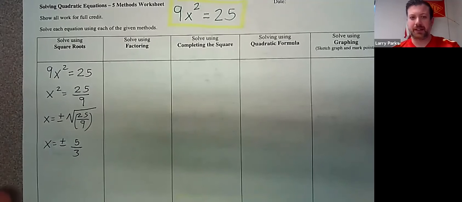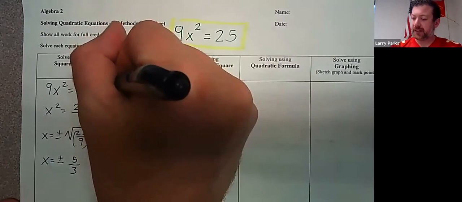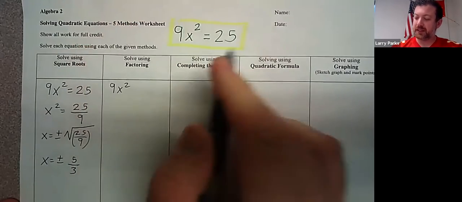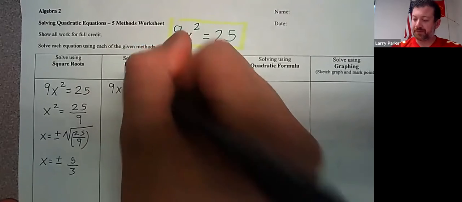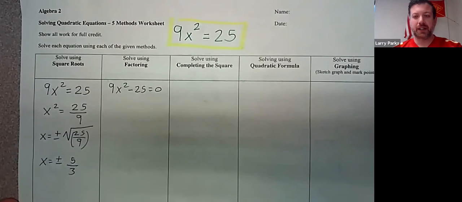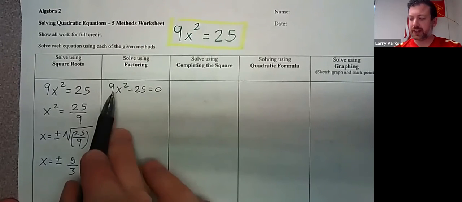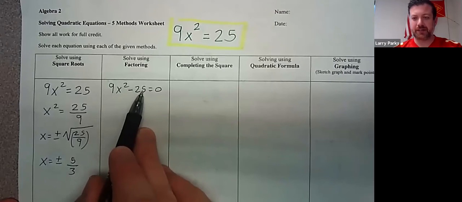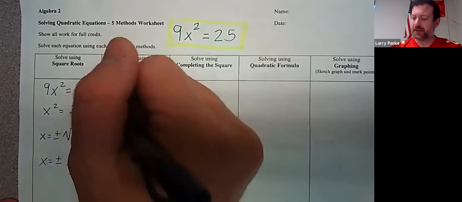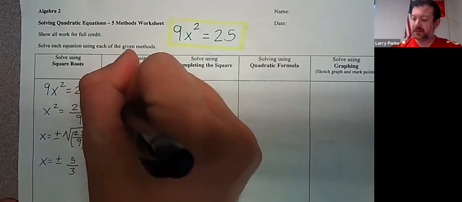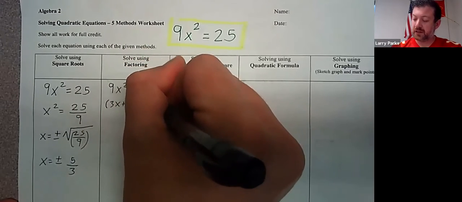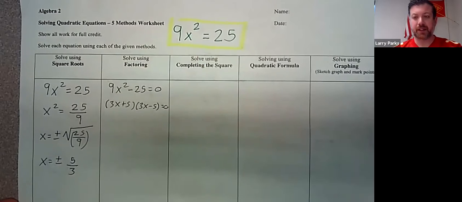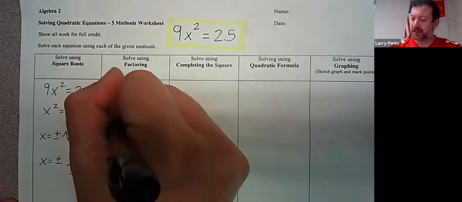Factoring is not too bad. Factoring, you would write this as 9x squared, and you would subtract 25 from both sides. And then this is difference of two squares, so that's 3x and 5, 3x and 5. So you do 3x plus 5, 3x minus 5. And then you can use the zero product property, set both of those equal to 0.